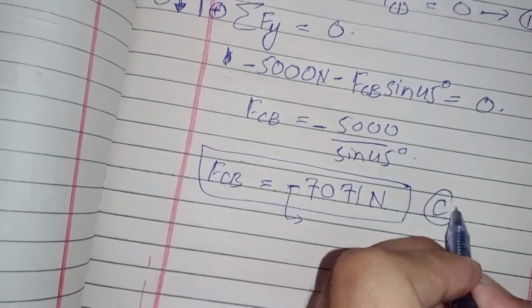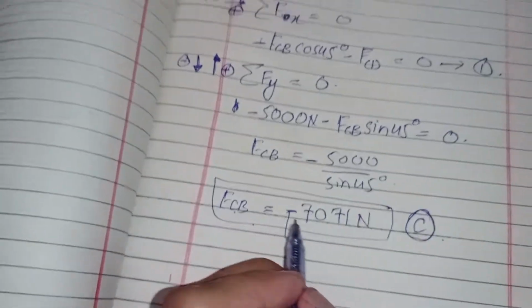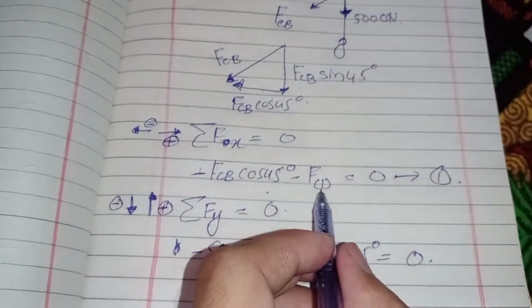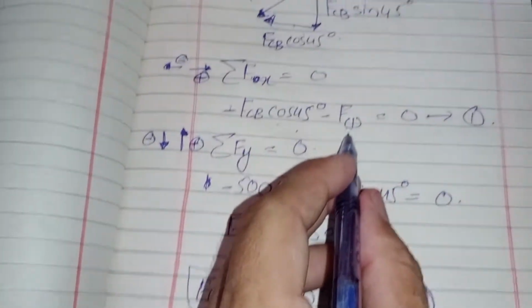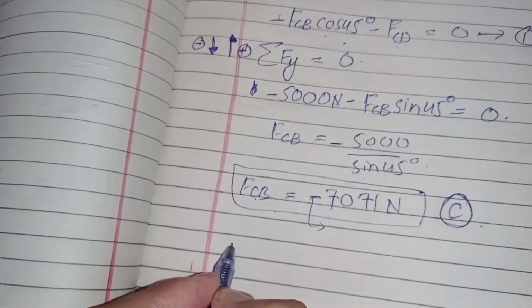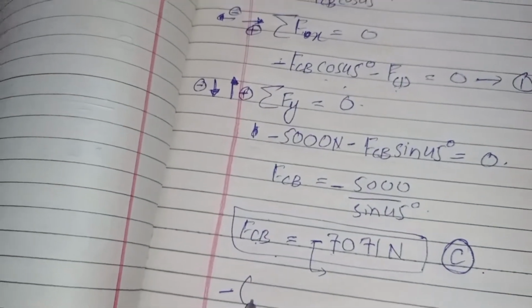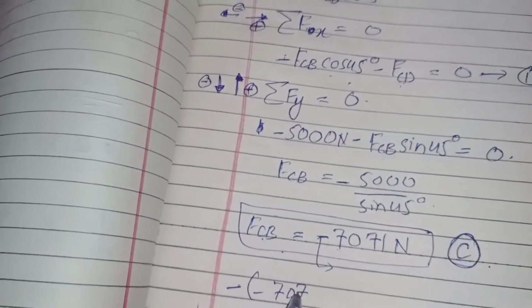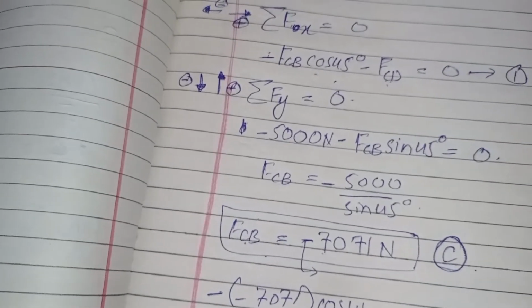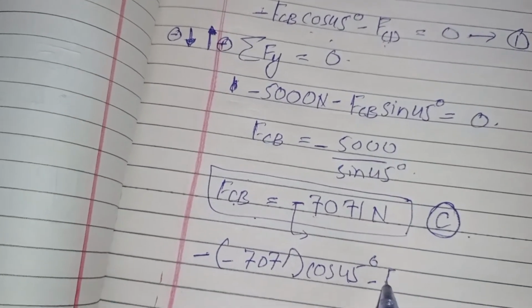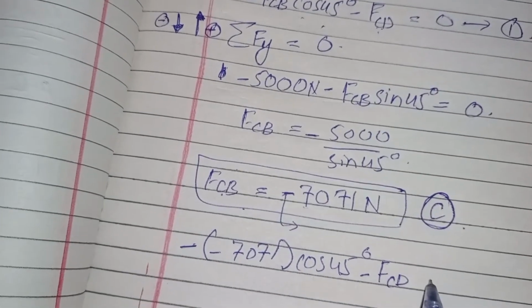This is in compression. Okay, so I put the value of CB in equation 1, so I will get the force in member CD. So FCB is negative into negative 7071 cos 45, negative FCD equal to 0.